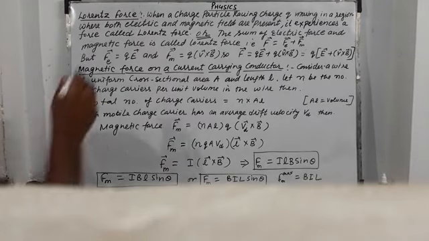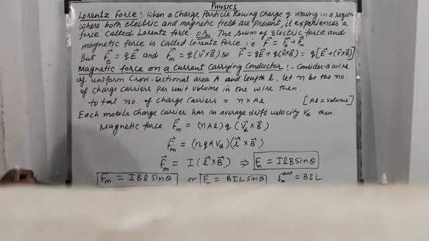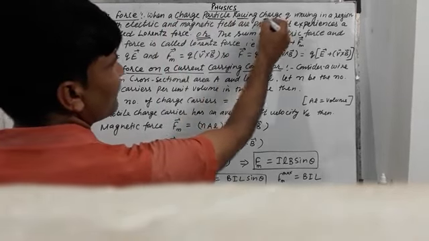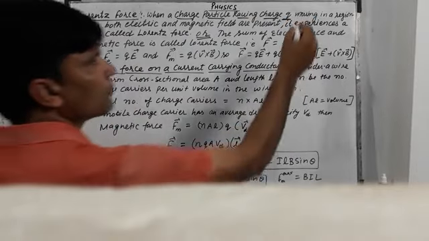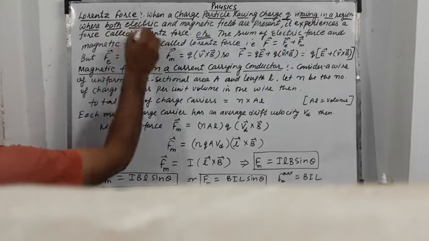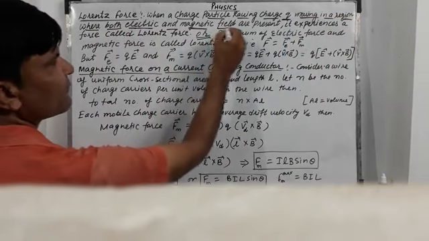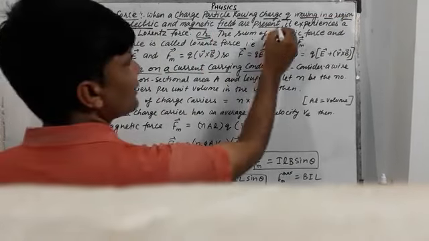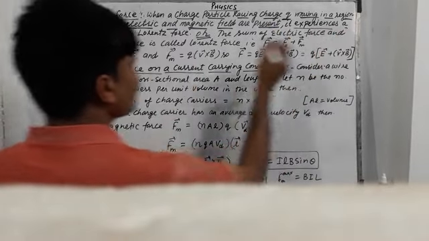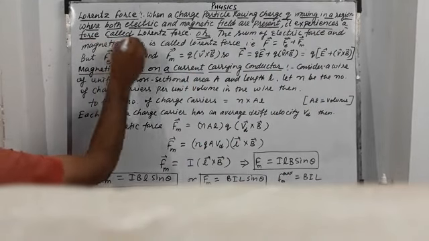Now Lorentz force, a combined force. Lorentz force is also known as combined force. When a charged particle having charge q moves in a region where both electric and magnetic fields are present, then the charge experiences a force, and this force is called Lorentz force.